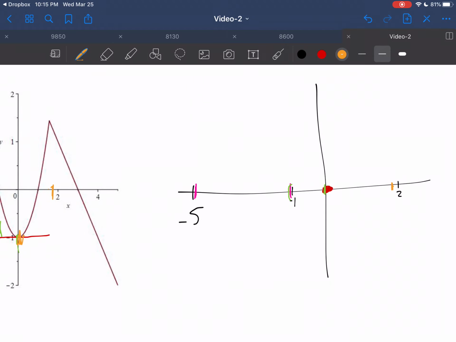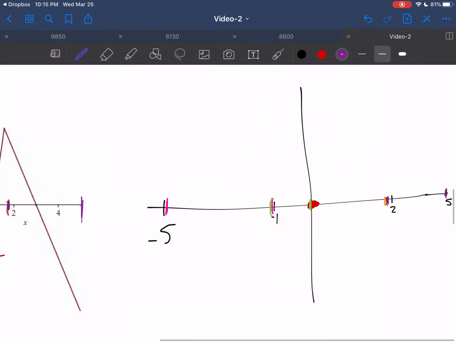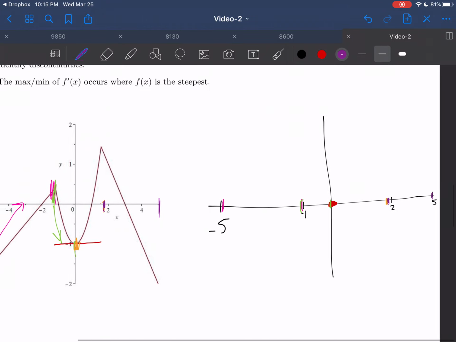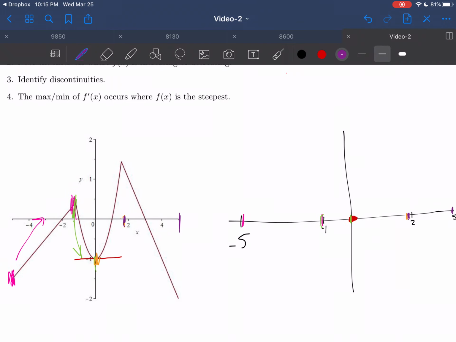Okay, and then we've got from that point to 5, our function's decreasing, so it'll be negative. All right, so we've got all of our intervals laid out.